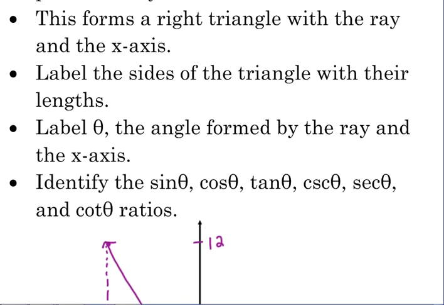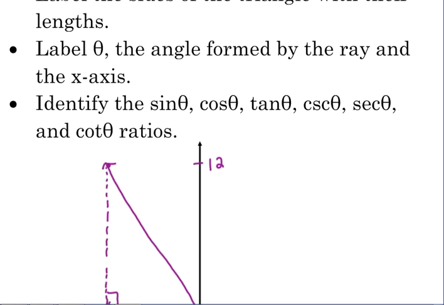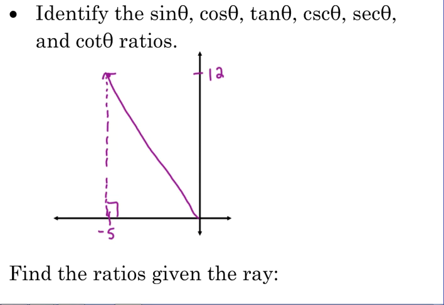Next, label the sides of the triangle with their lengths. Measurements are never negative, but we need to include the negative here. So this side is -5. The vertical side over here is 12, because that's the y coordinate.